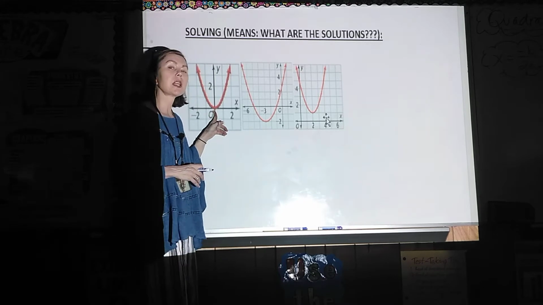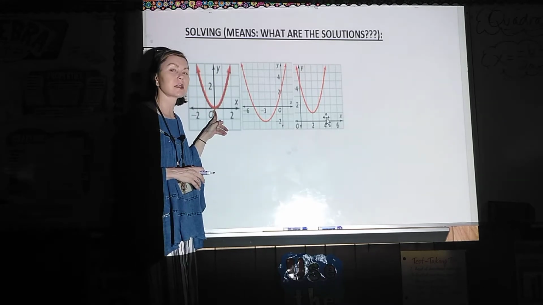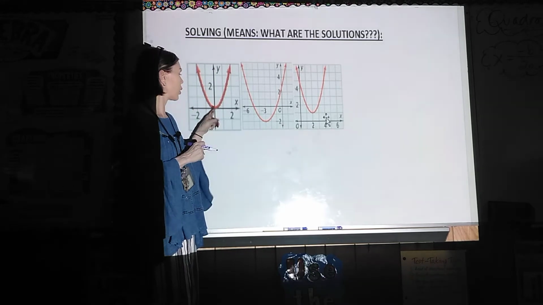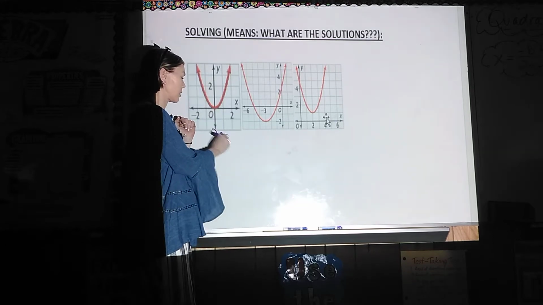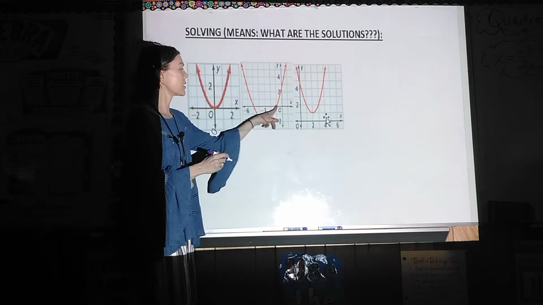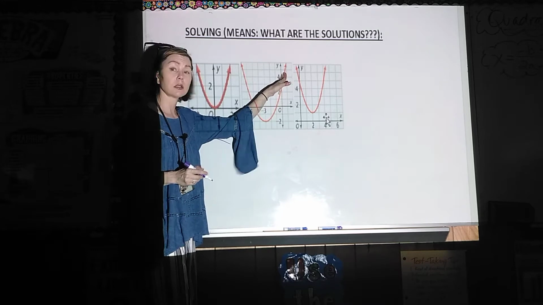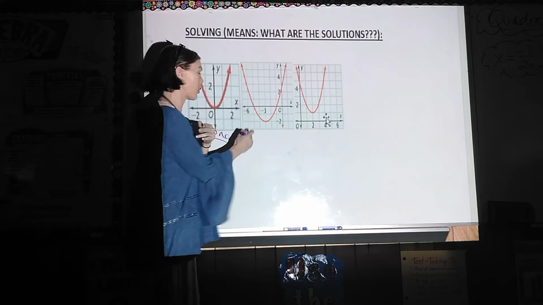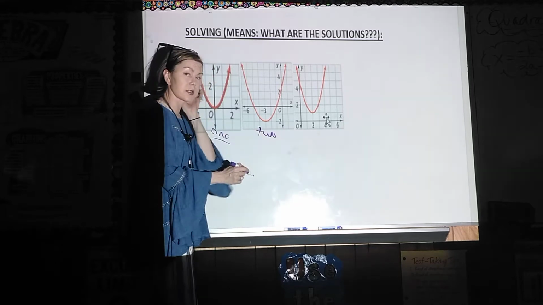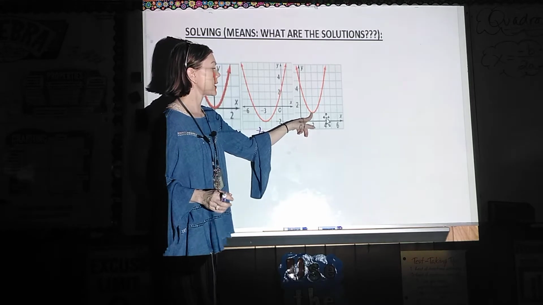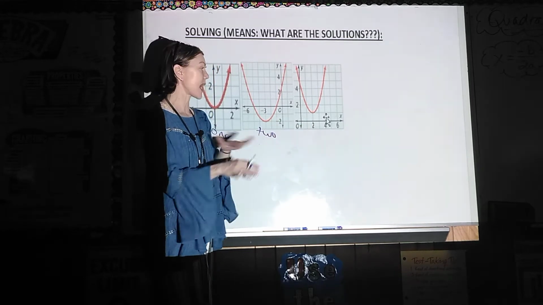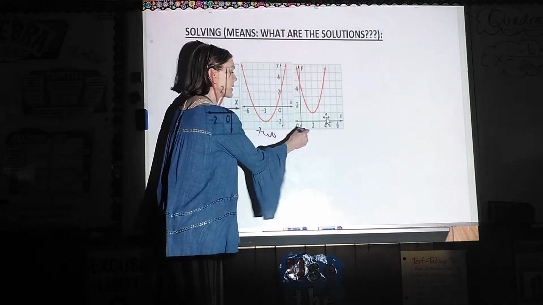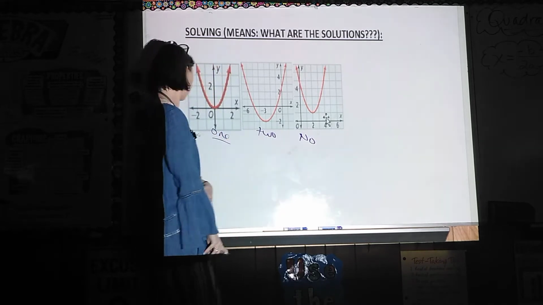If the parabola touches the x-axis at one point, there will only be one solution. If the parabola crosses over the x-axis at 2 points, that means there's two solutions. And if it doesn't even touch the x-axis at all, that means there's no solution.